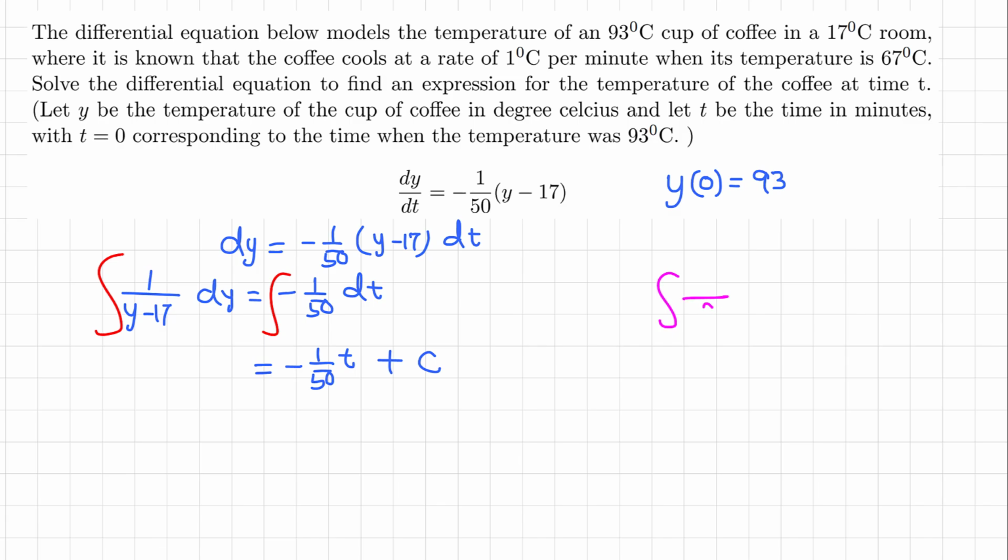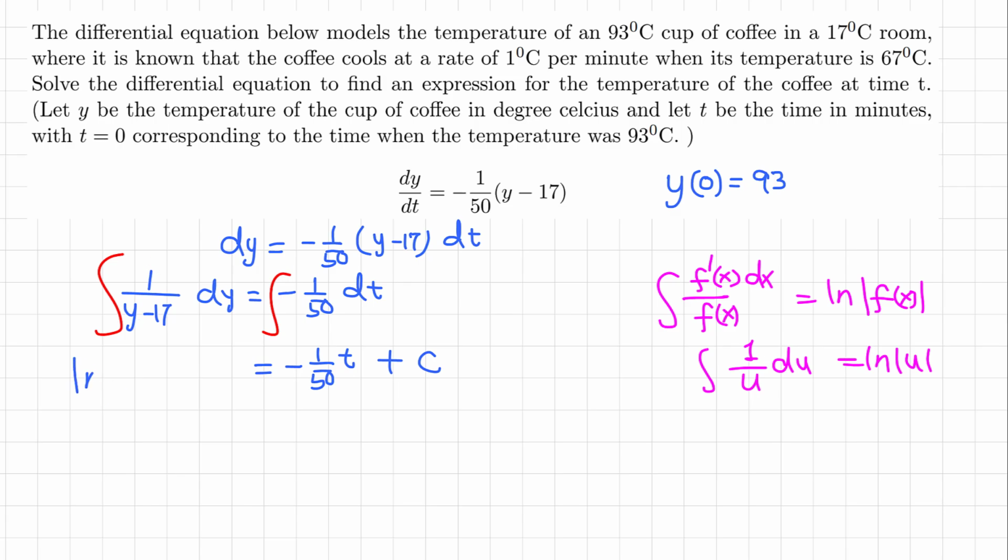If we have some function on the bottom and its derivative on the top, that is simply the natural log of the bottom. Or you can think of u, with du on top, that's natural log of u. So y minus 17, whose derivative is 1, gives simply natural log of absolute value of y minus 17.